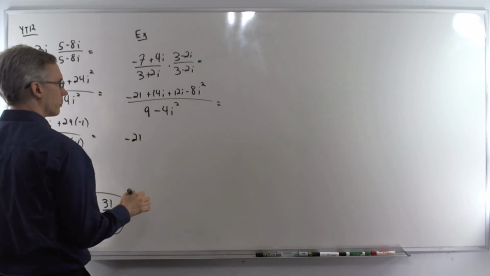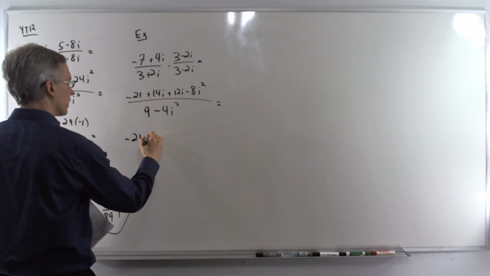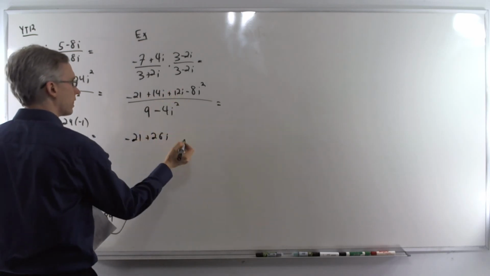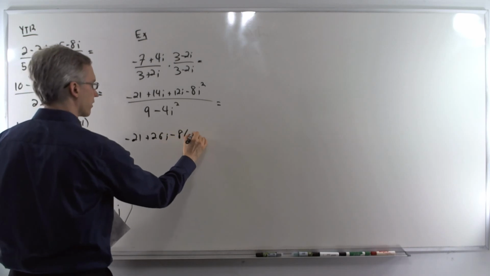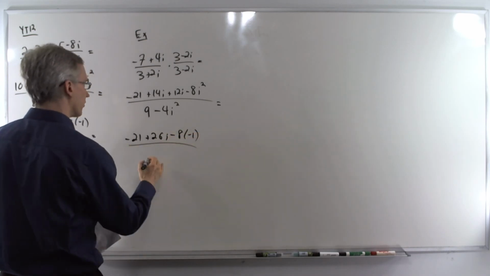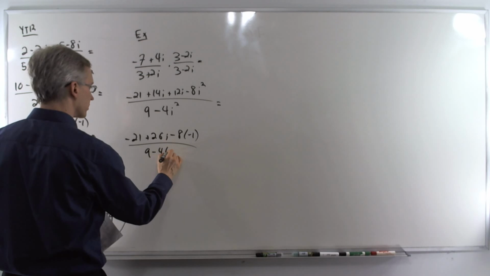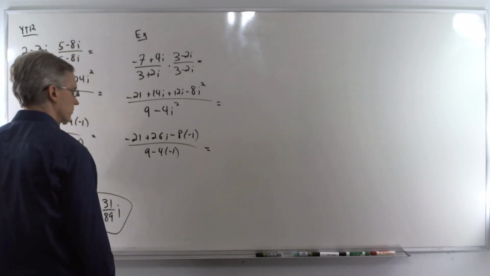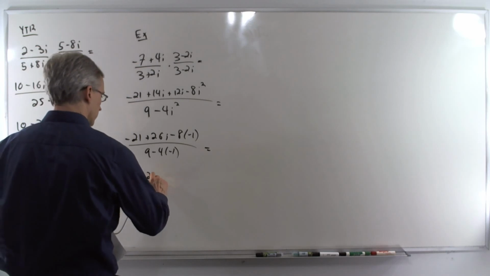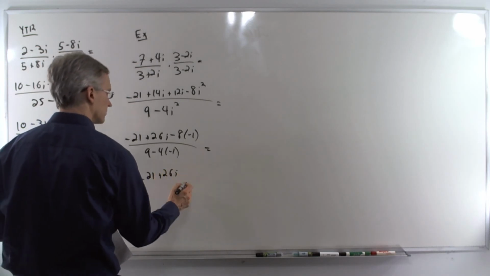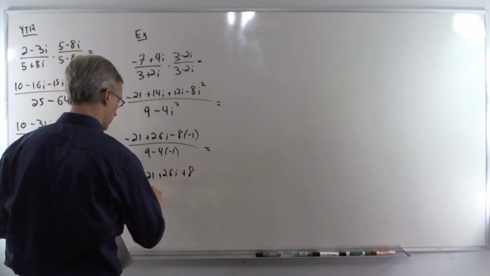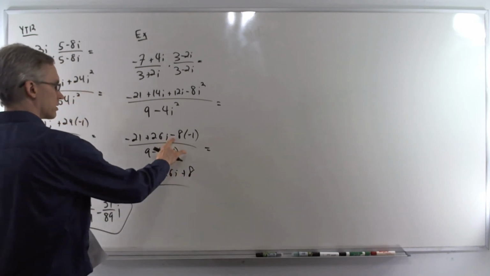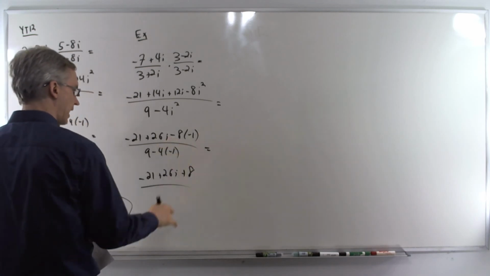So we got negative 21. We're going to combine like terms here. That is 26i minus 8 times negative 1 over 9 minus 4 times negative 1. All right, subtracting negative 8 is adding 8.